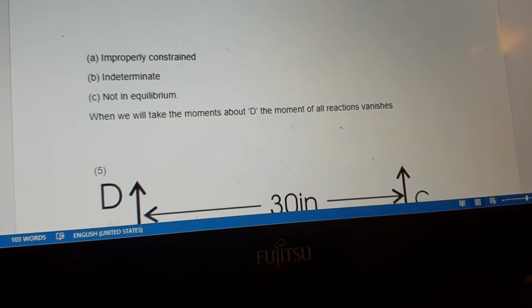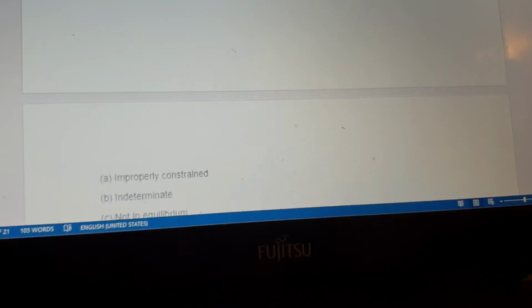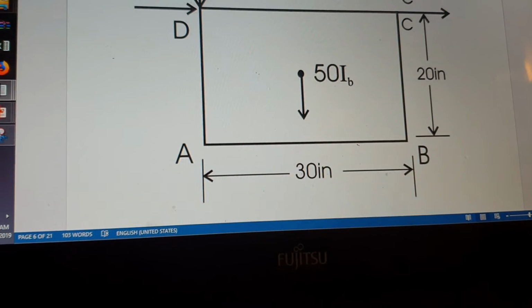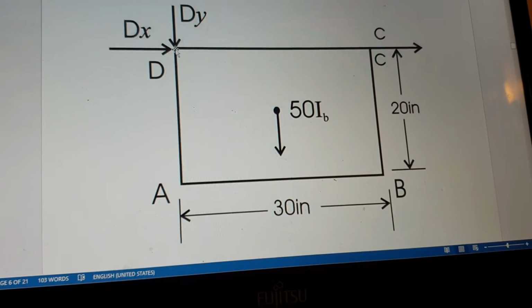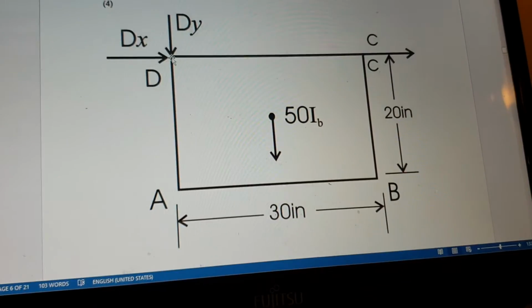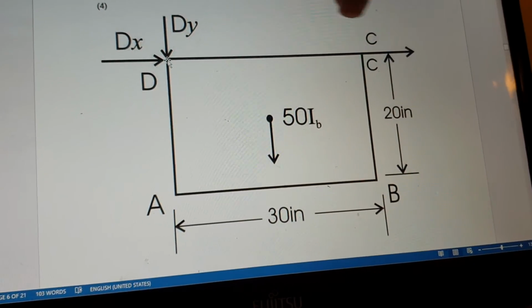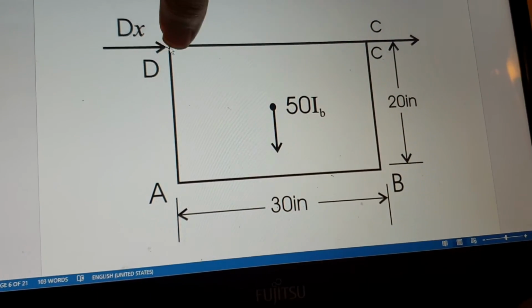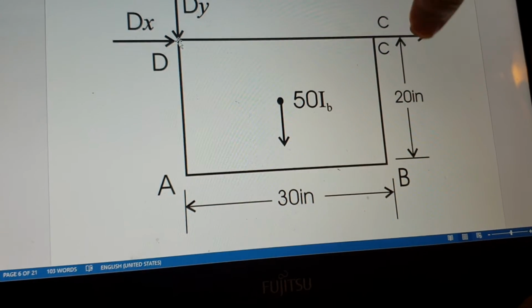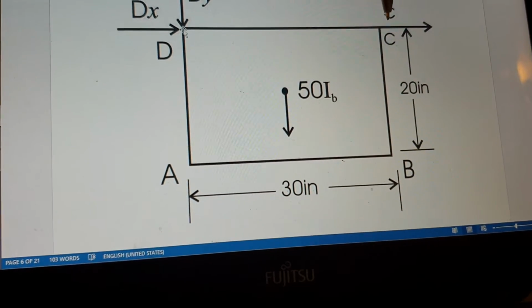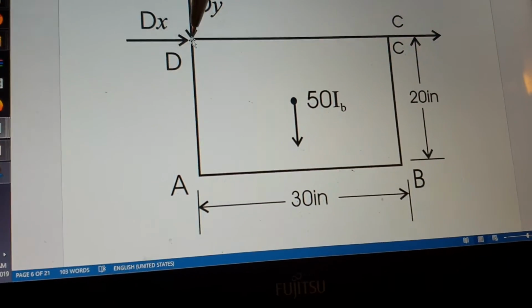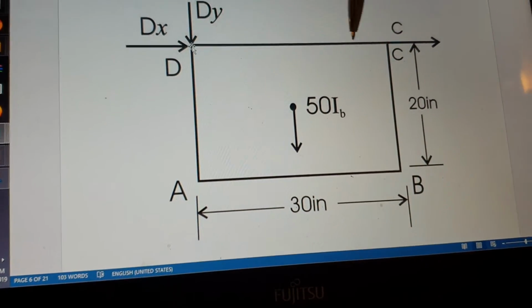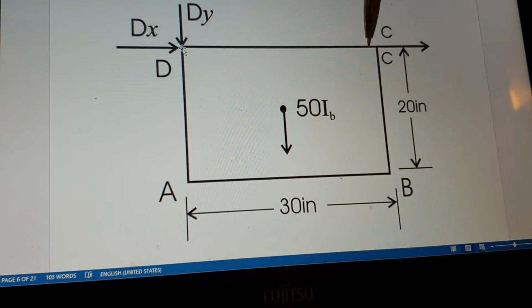Why? Because let's start by taking moment at point D. If you take moment at point D, this force is in the direction of point D, and there is no perpendicular distance between this tension and point D. It's horizontal, and we don't take horizontal distance for moment.